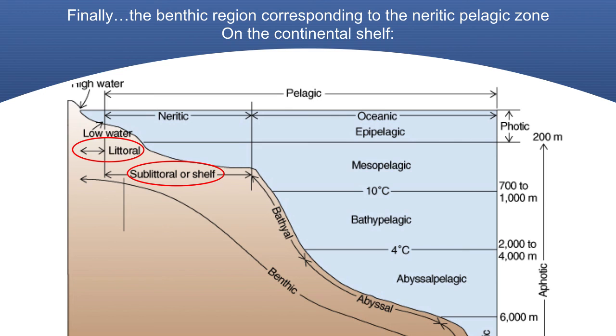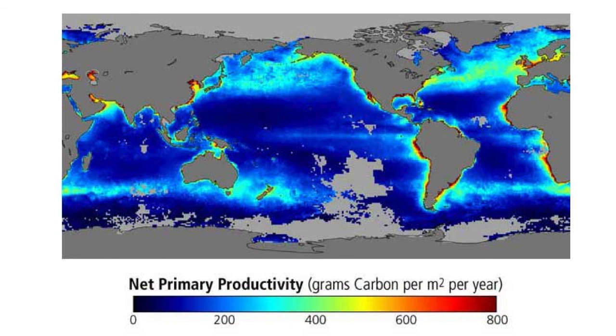What is neat about these areas that are right up next to the shore is that they are tremendously productive. So the nearshore waters are where most of the productivity and the biodiversity are located in marine environments. And you can see, looking at this map, that they occur mostly in temperate regions.